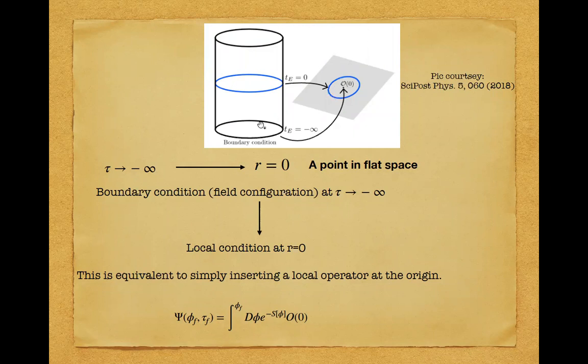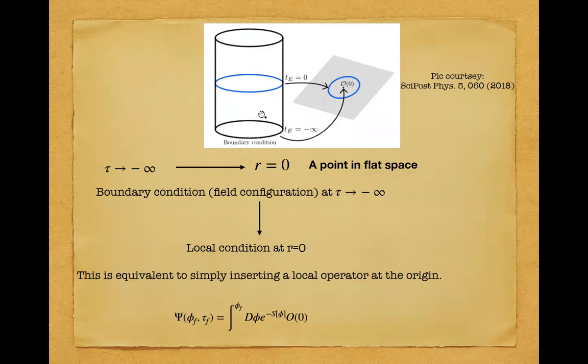So in this Euclidean path integral language, you have to specify a boundary condition, meaning the field configuration on this space-like boundary at tau equal to minus infinity. But that is the same as stating a boundary condition at the origin, right? Because this point maps to the origin.